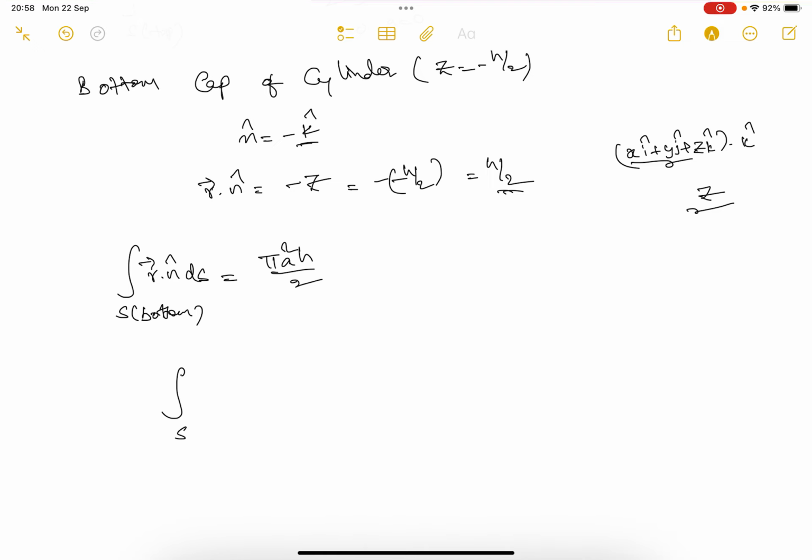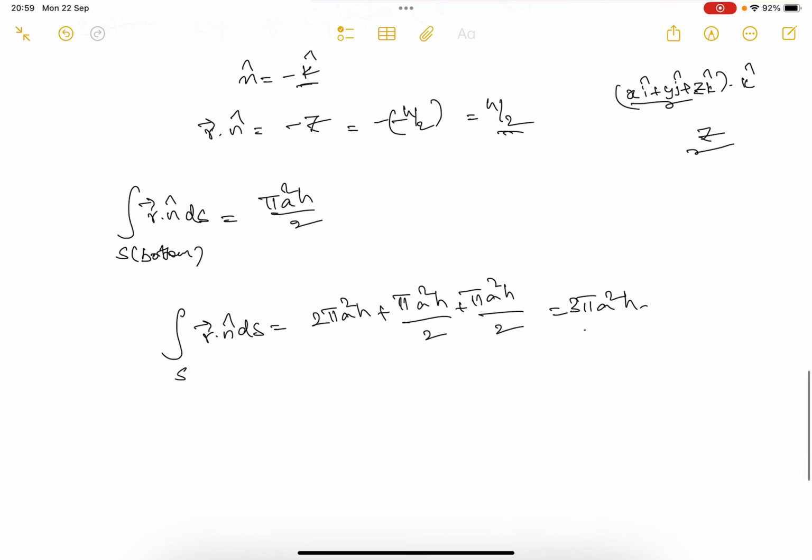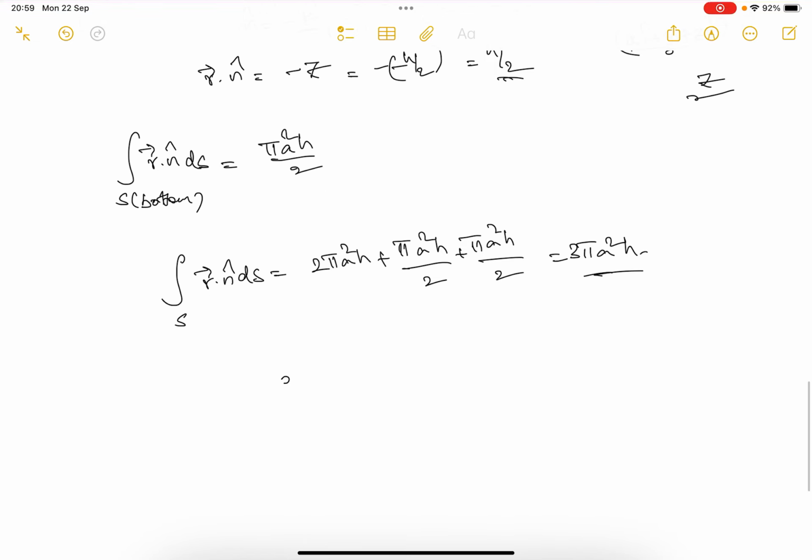Then the total of r bar dot n cap ds is 2 pi a square h plus pi a square h by 2 plus pi a square h by 2, which is 3 pi a square h, right? So finally, you can do it in two methods, but using the Gauss divergence theorem is a little bit simpler. This will be 3 pi a square h. This is the final answer.